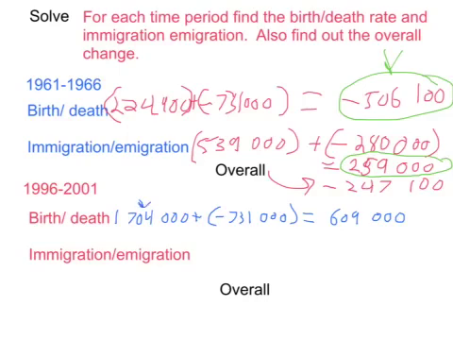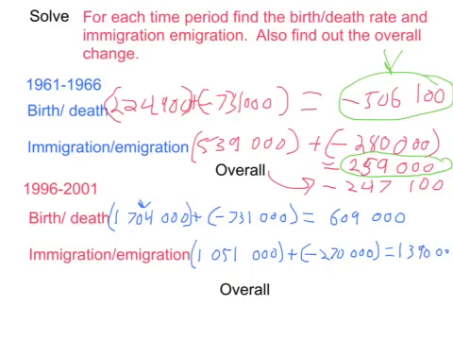For immigration and emigration, and really I should have used brackets up here. Again, emigration should be a negative number. And the total, 1,390,000.